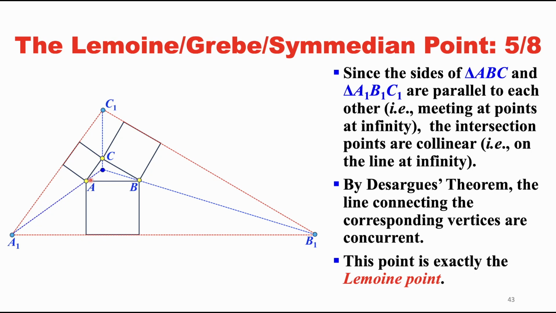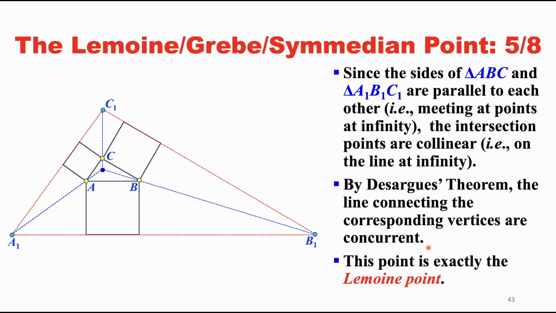Because the intersection point of AB and A1B1, the intersection point of AC and A1C1, and the intersection of BC and B1C1 are all at infinity, these three intersection points lie on the line at infinity, which means the intersection points of the corresponding sides of these two triangles are collinear, lying on the line at infinity.